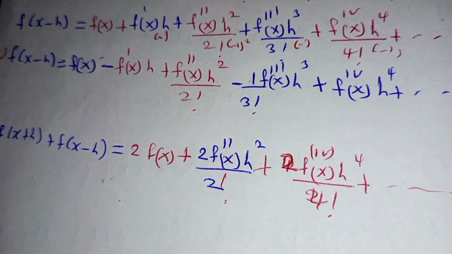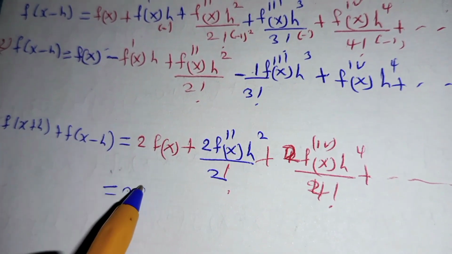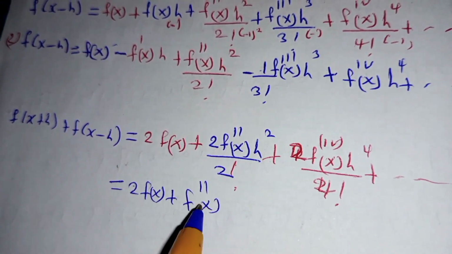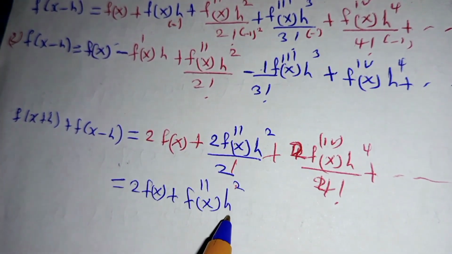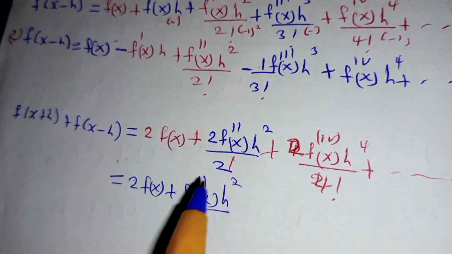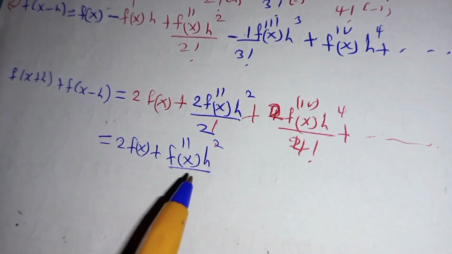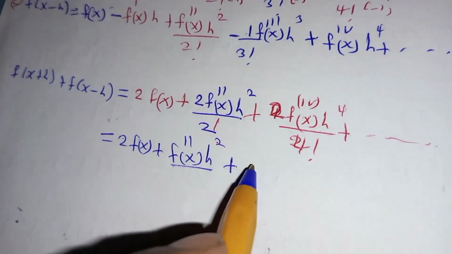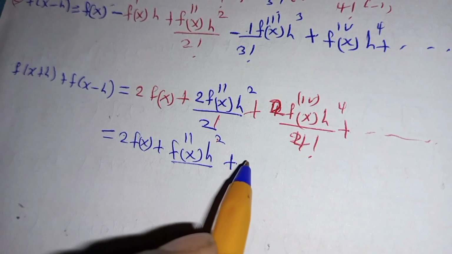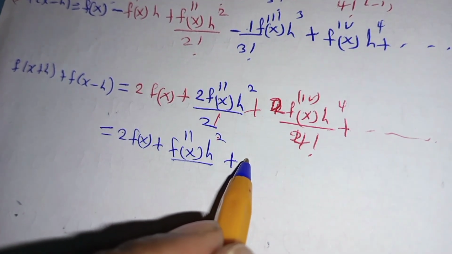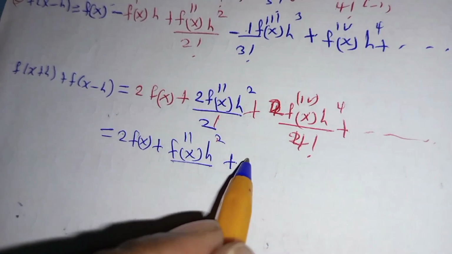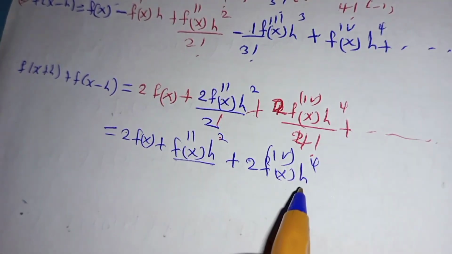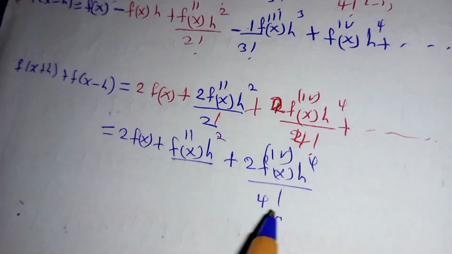So we can write this as equal to 2f of x plus the second derivative of f of x times h to the power 2, where the 2 and the 2 factorial cancel, plus 2 times the fourth derivative of f of x times h to the power 4 over 4 factorial.